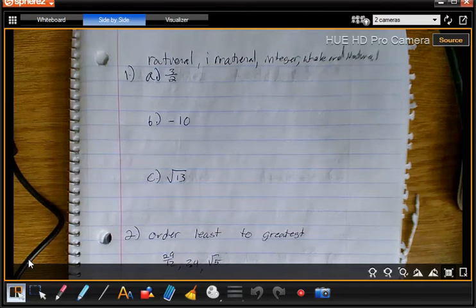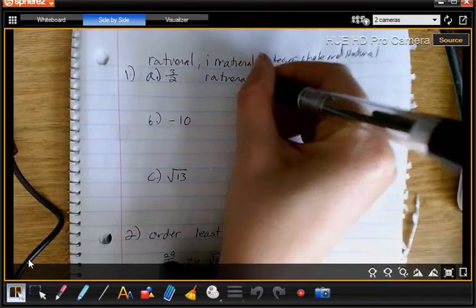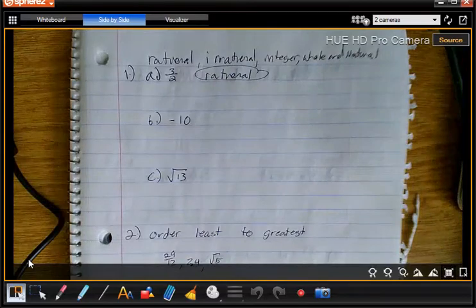Going to do some practice problems here so you have another thing to look at for your review. We're going to classify number one, A, B, and C as rational, irrational, integers, whole numbers, and natural. So this first one is just rational. It can be written as a fraction, but it's not an integer, a whole number, or natural.